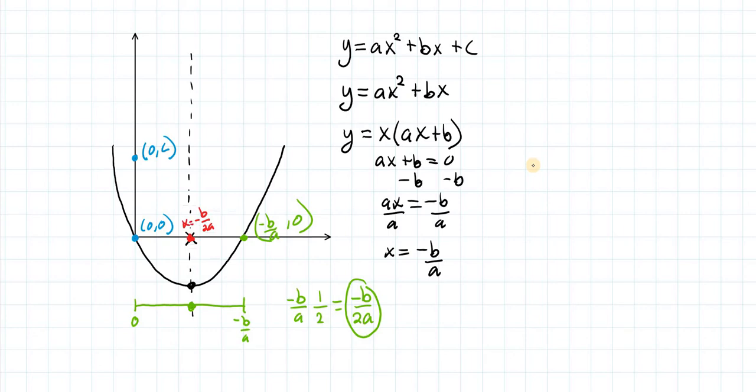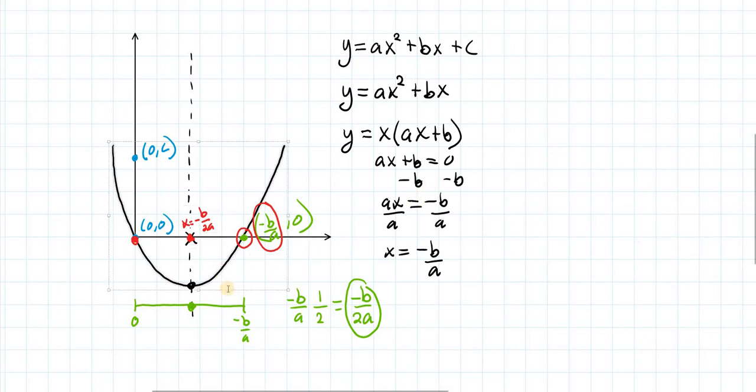Okay, so we have done a vertical shift of our parabola to force it to go through this point right here. We found this root and found that the center, this dotted line, lies exactly half of this x value of that root. So that gives us the x coordinate of our vertex.